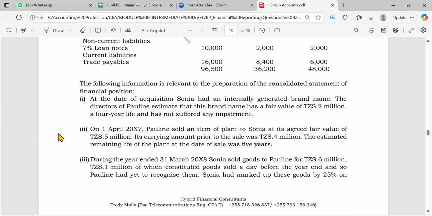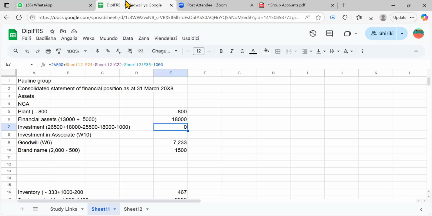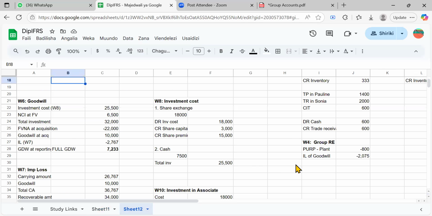If it went through profit or loss, then it would specifically go to the retained earnings component of group equity, right? So that 5,000 should go to group retained earnings, and I would say it should be the fair value gain, financial assets, 5,000.